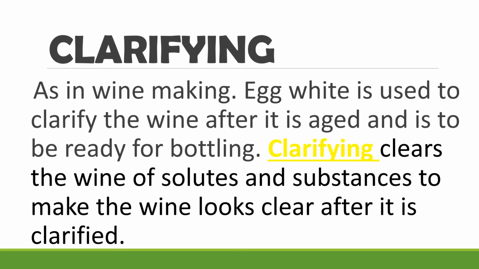Another function is clarifying, as in wine making. Egg white is used to clarify the wine after it is aged and is ready for bottling. Clarifying clears the wine of solutes and substances to make it look clear. Eggs, especially whites, can clarify various fluid products, including consomme, broth, and even wine.